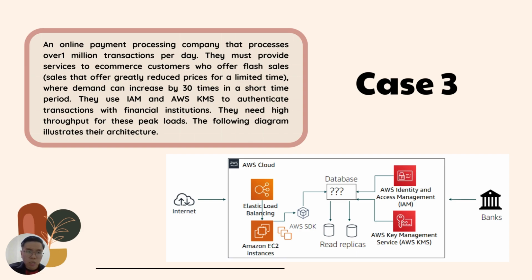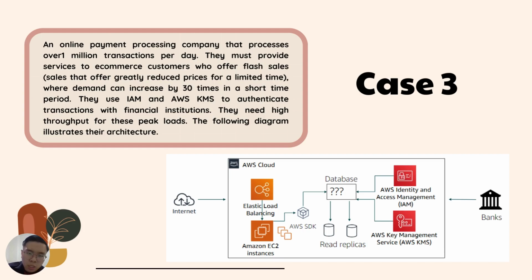They use IAM and AWS KMS to authenticate the transaction with the financial institutions. So they need high throughput for this big workload. So we can see the diagram for their architecture. They have the database between the internet for the client and user and the bank.